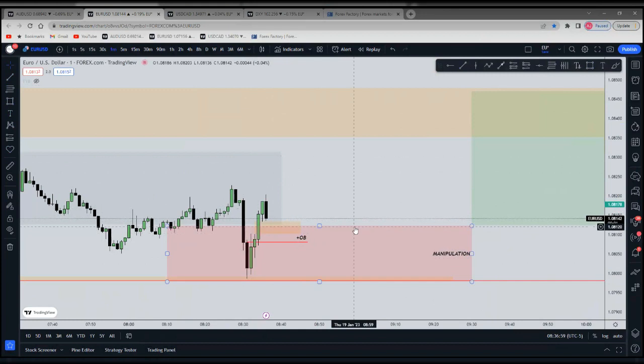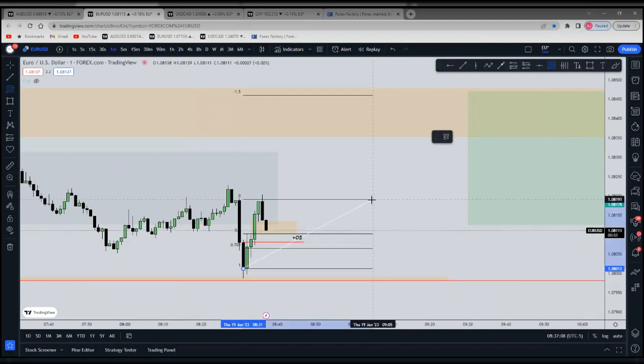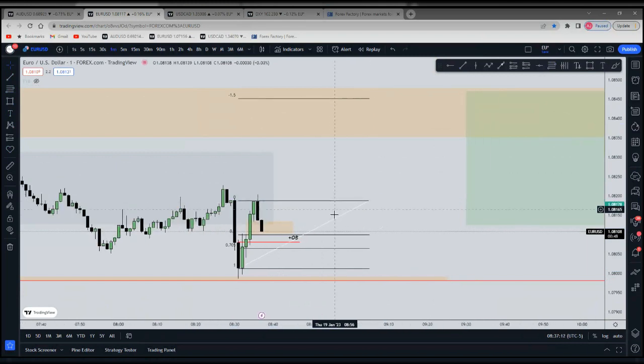I'm gonna take this off. Into this FVG right here, and you can start measuring the range that was just created. So you want to be buying below the 50% level.